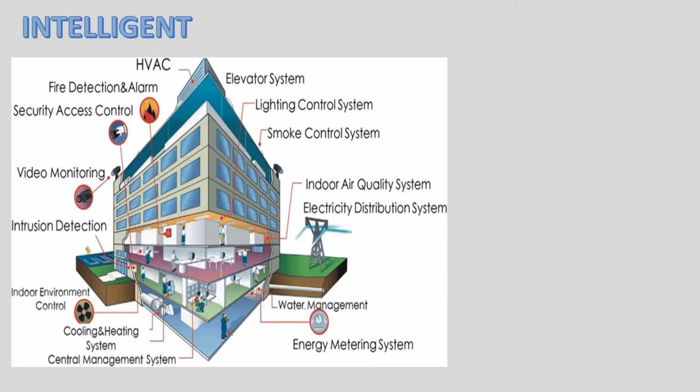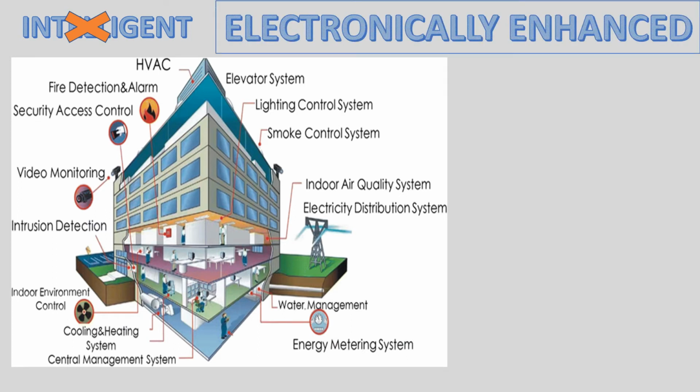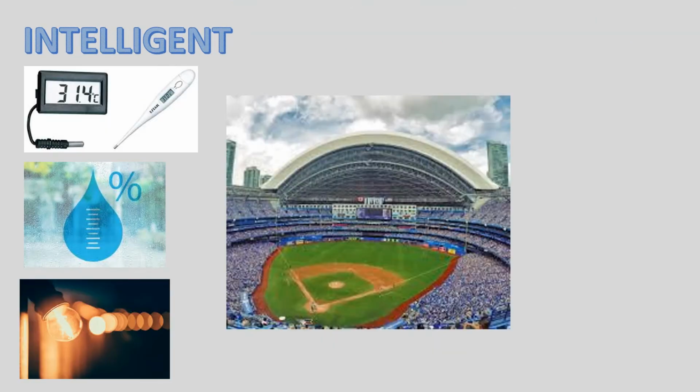But rather than smart buildings, it would be more appropriate to call it electronically enhanced building, since the building itself does not have characteristics and qualities that would allow it to interact. A very good example of an electronically enhanced building would be the Toronto Blue Jays Stadium in Canada.